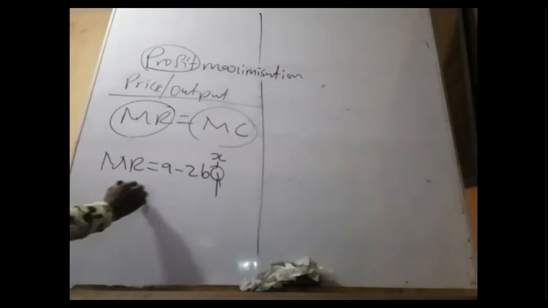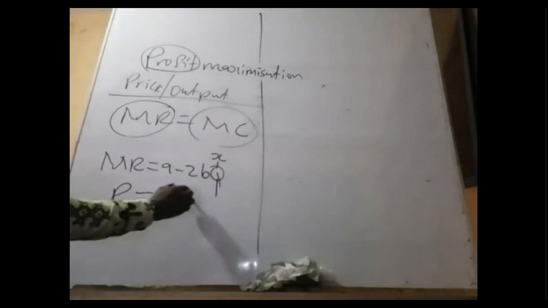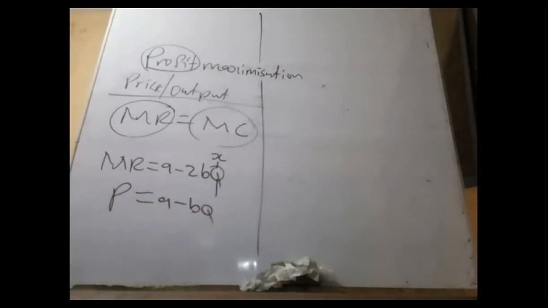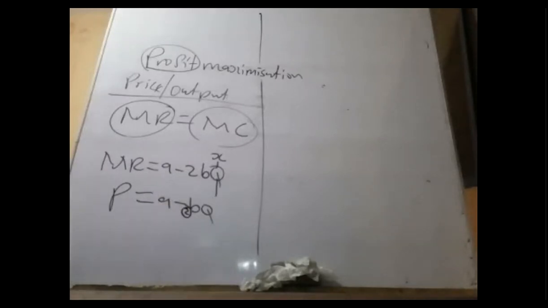Meanwhile, the price function is equal to A minus BQ, right? So we are just putting 2 here because of the differential. That is all. It will give us the marginal revenue.